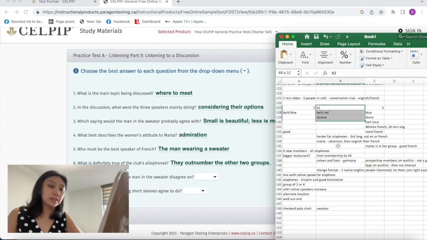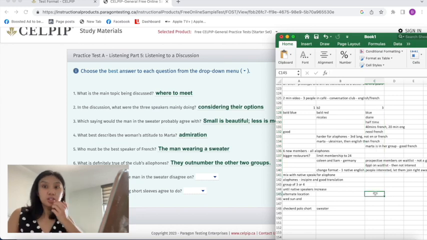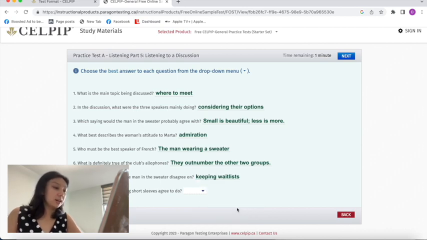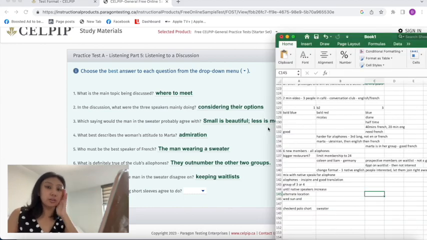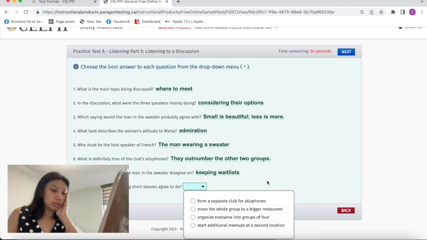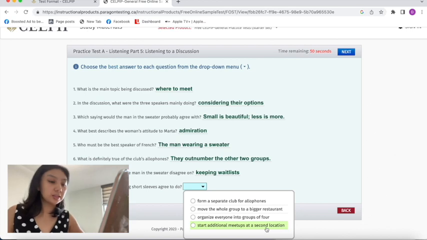The man in red was saying they should come up with a wait list, and the woman was saying it isn't effective to have a wait list. So here, keeping the wait list. What does the man wearing short sleeves agree to do, which is the bald blue guy? He said to start additional meetups at a second location. He said at the end that there'll be 2 different schedules because the group is growing.